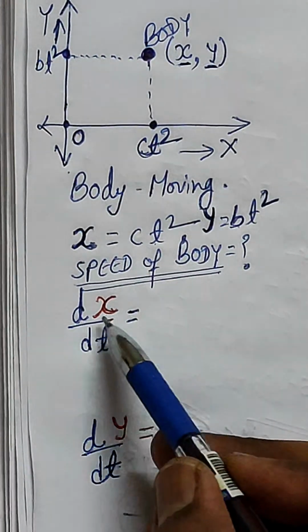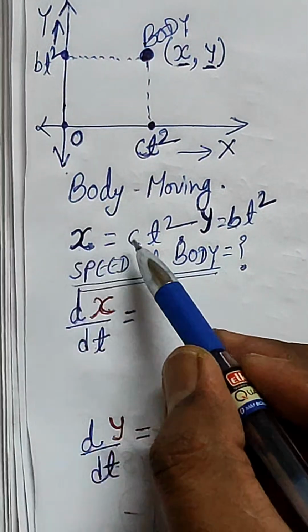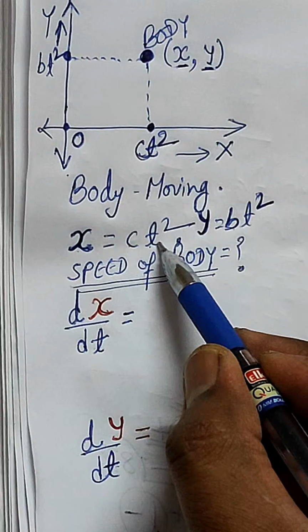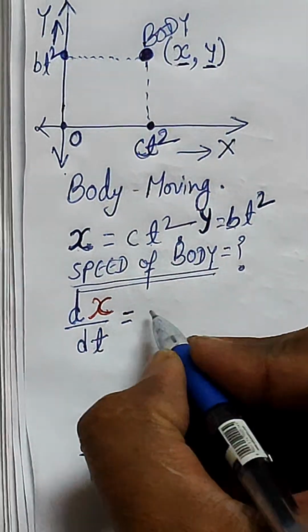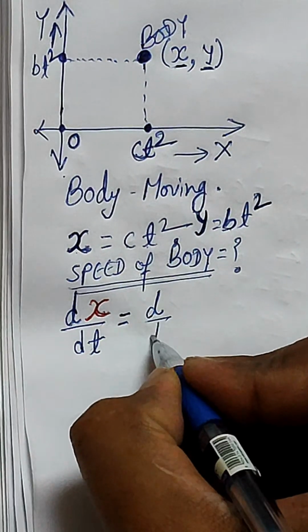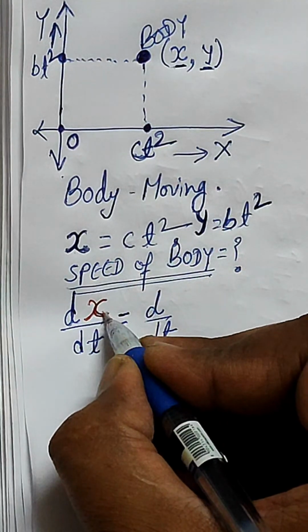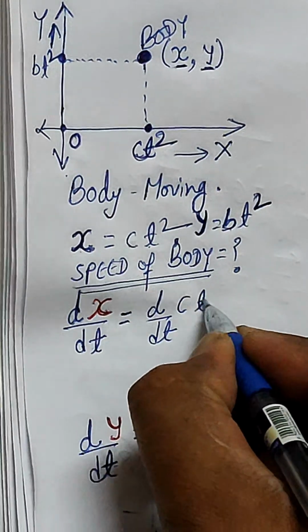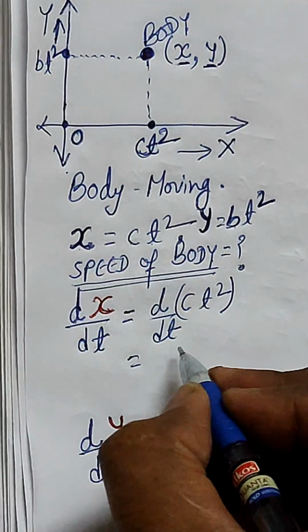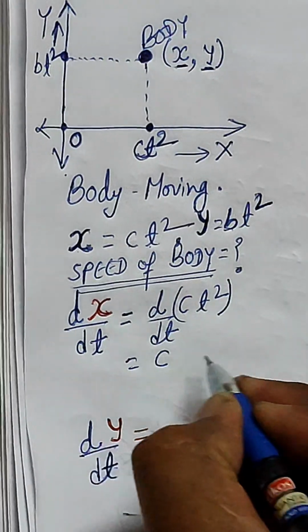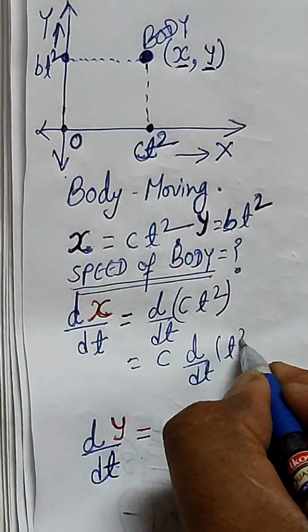Now for the x component, since the value of x is given to you as ct square, as you can see the position of the body in the xy plane, you can simply differentiate with respect to time this value of x, which is ct². When you solve it, c is a constant coming out and d by dt of t².